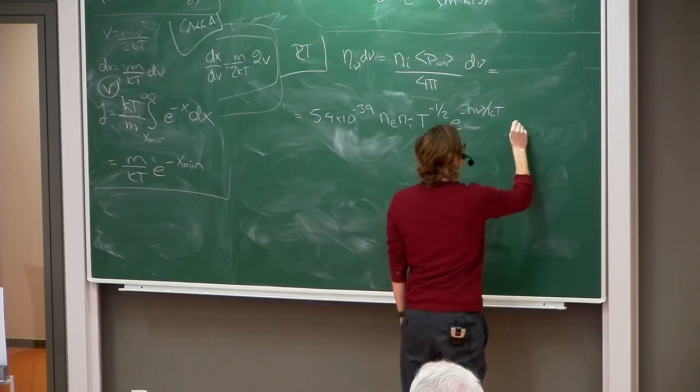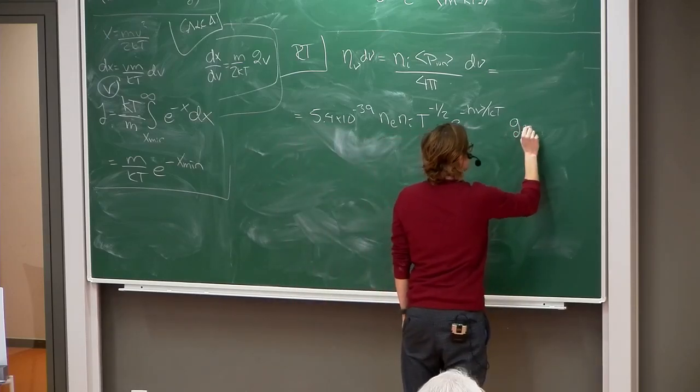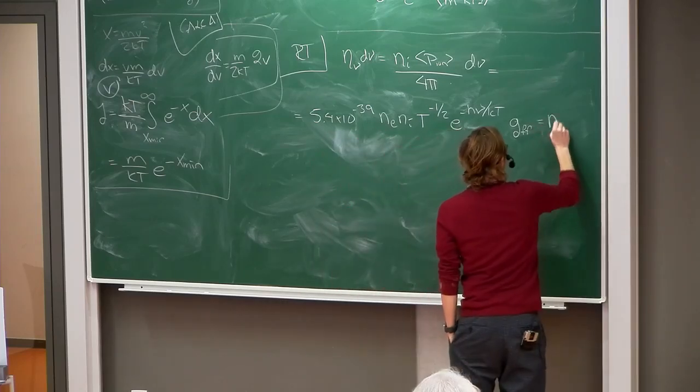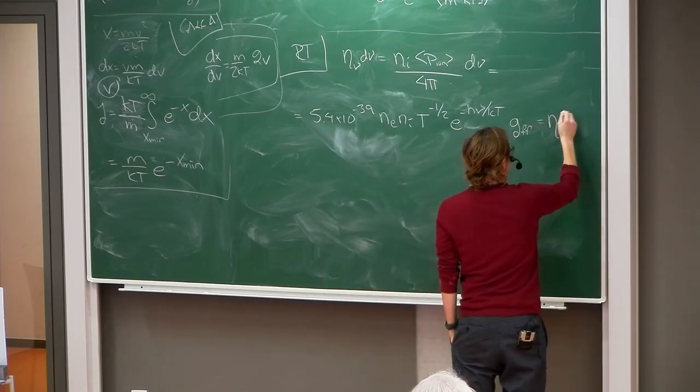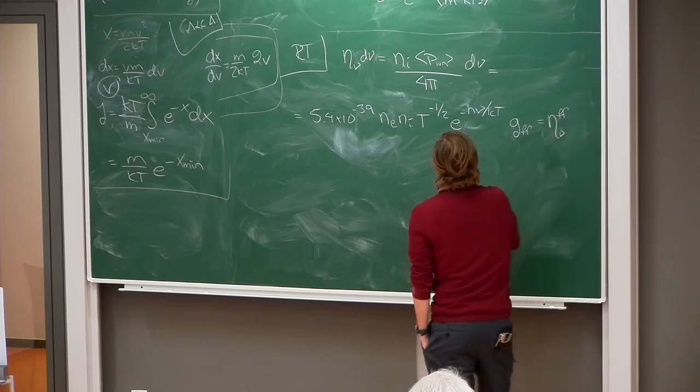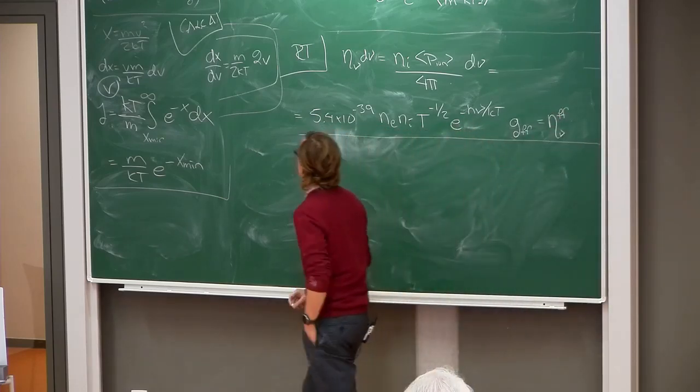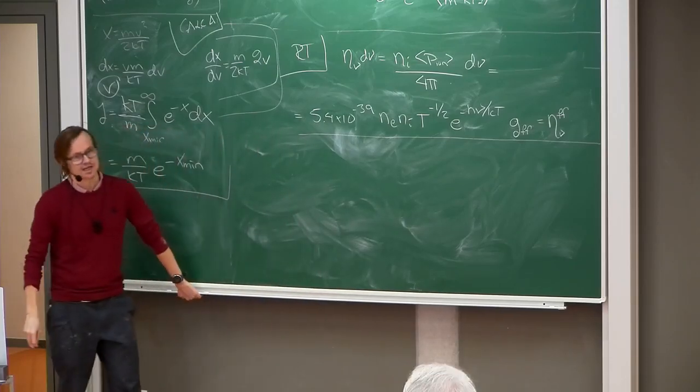And then we're going to multiply it by some factor g_ff. Okay, and here is our epsilon nu free-free or Bremsstrahlung emission coefficient in CGS units, which we can use.